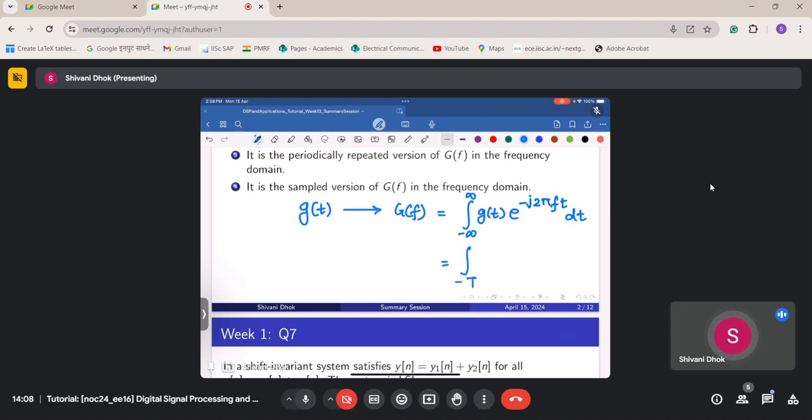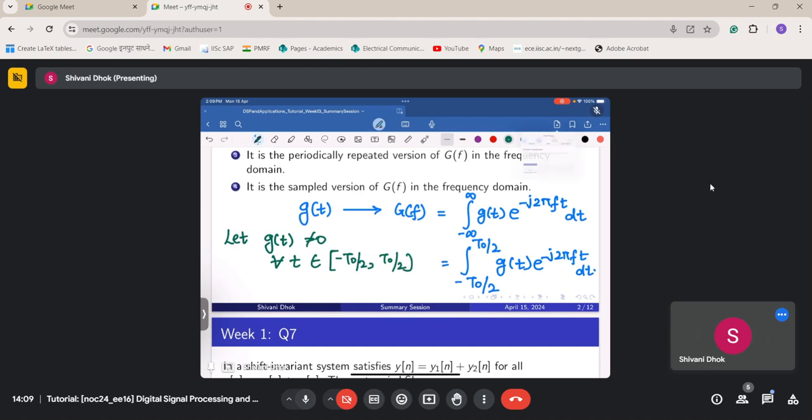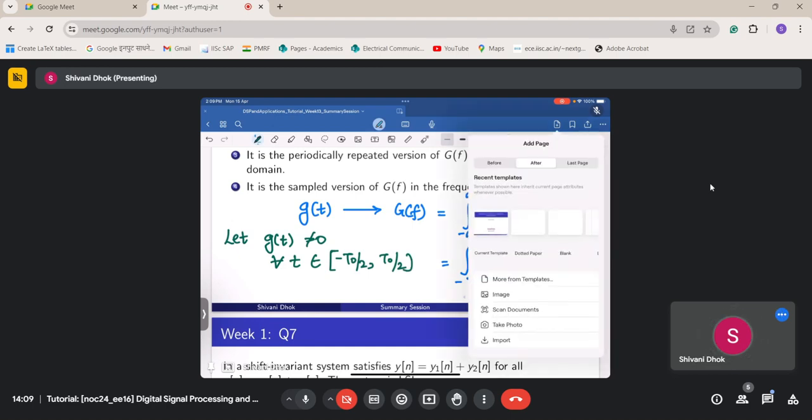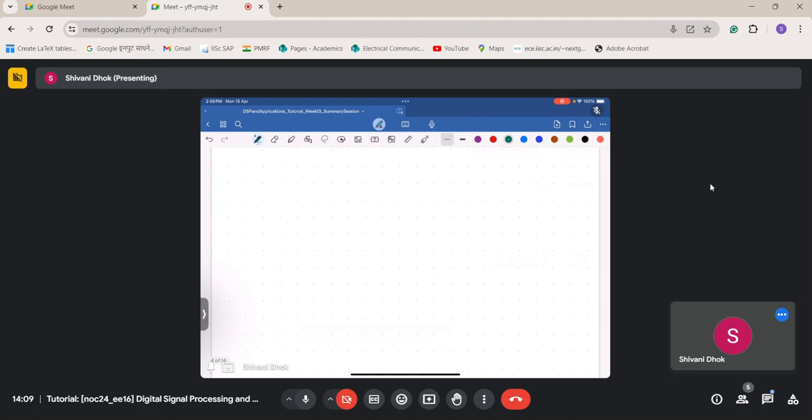Let's assume that the signal lies in this region. Here I'm saying let g(t) be non-zero for all values of t belonging to minus T naught by 2 to T naught by 2. It will be less than that, but at least for this region let it be.